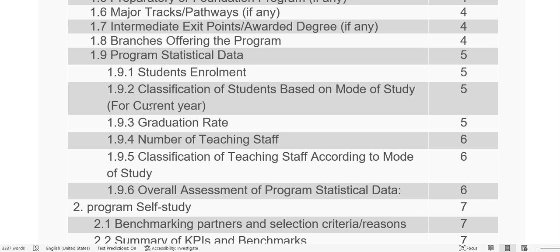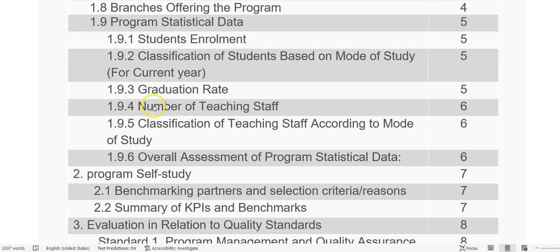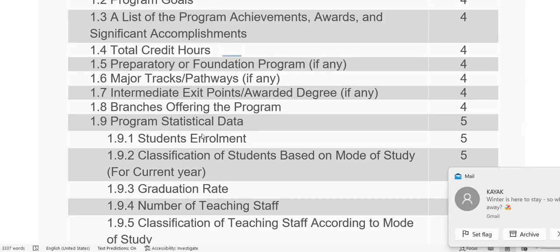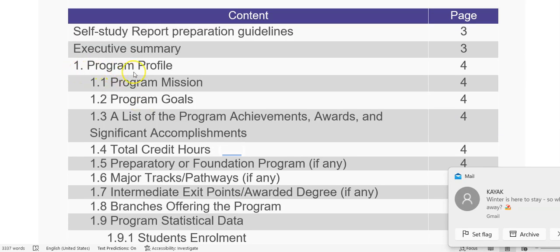If you are writing by the end of the academic year, the current year is the year that you will write about. Graduation rate, number of teaching staff, classification of teaching staff according to mode of study, overall assessment of program statistical data.